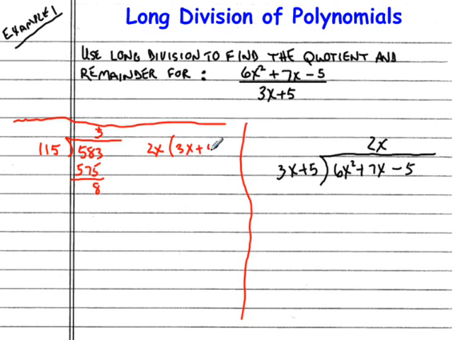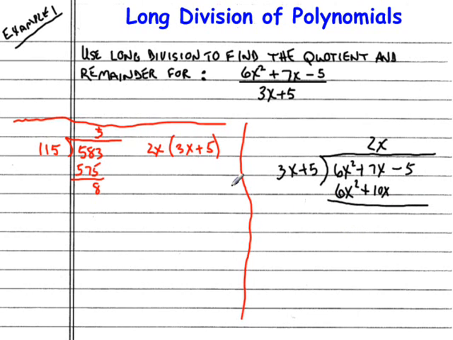Now, we can see that's simply a distribution problem, but sometimes it helps to write it in this fashion. So we'll be saying the 2x times the 3x, which of course gives us 6x squared, and we write that here. And then the 2x times the 5 gives us a 10x.